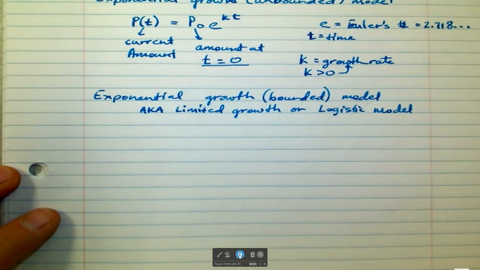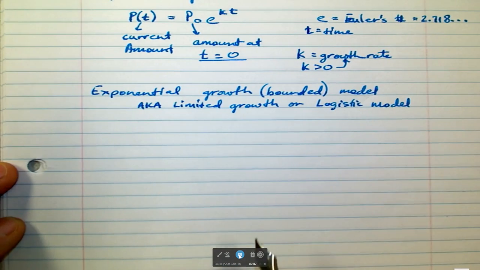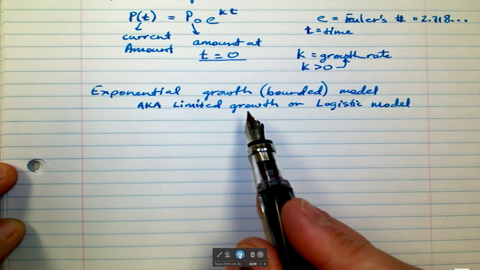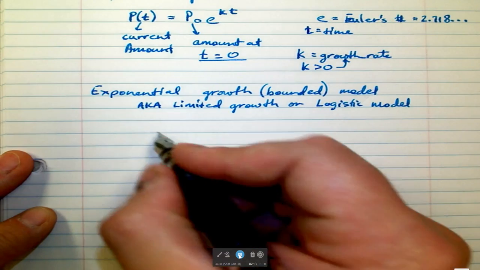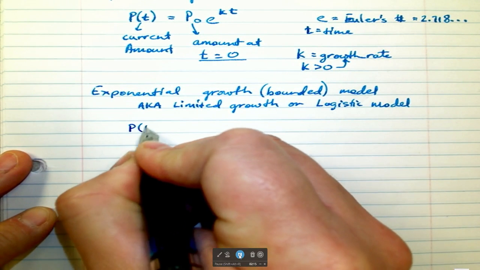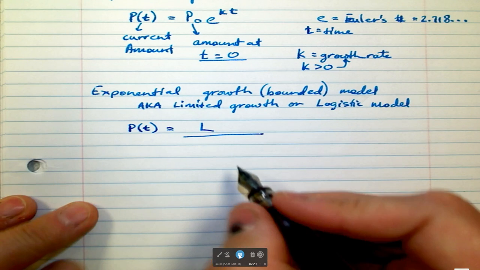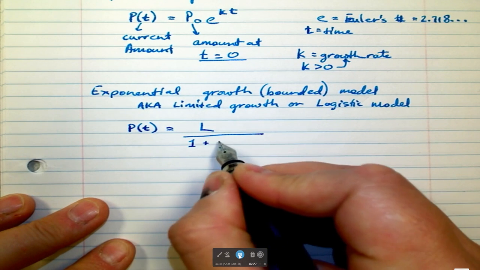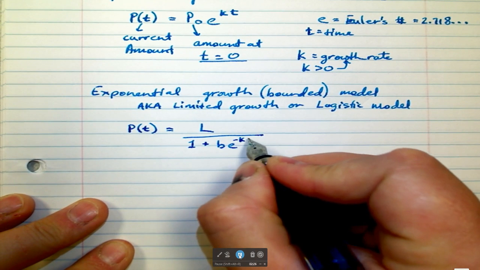The second model we're going to talk about is called exponential growth with the bounded model, and that's also known as the limited growth or the logistic model, okay? And this is P of t equals L over 1 plus B e to the negative kt.